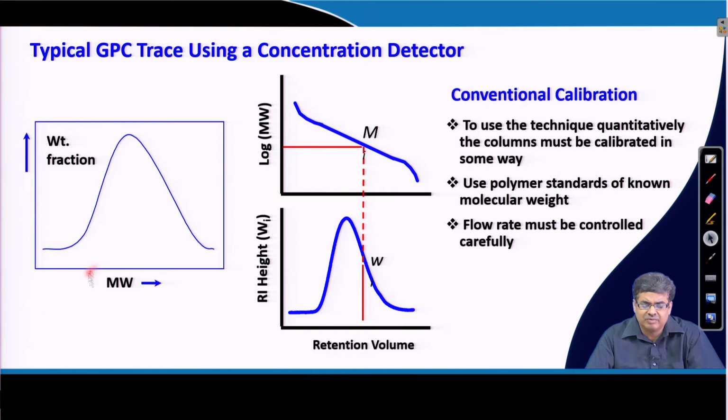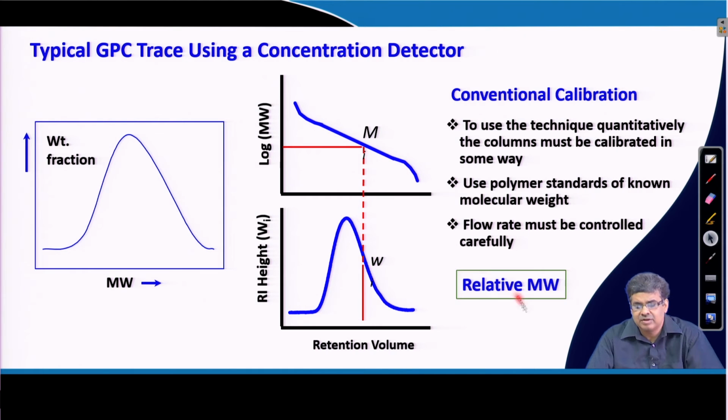Now, in this case the molecular weight values are obtained from a calibration curve which was constructed using a set of polymers having known molecular weight values. So, this molecular weight is referenced to, or related to, the samples which were used for calibration.